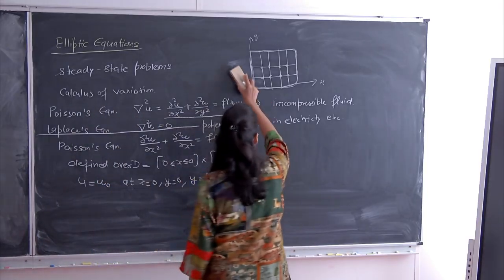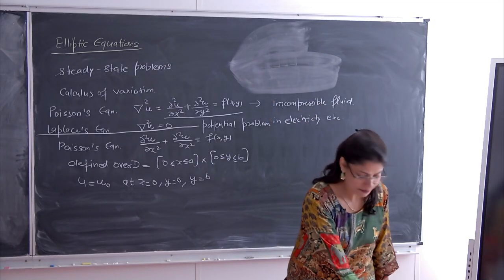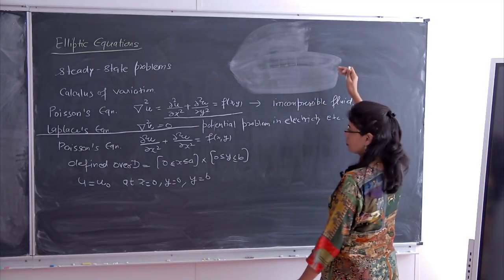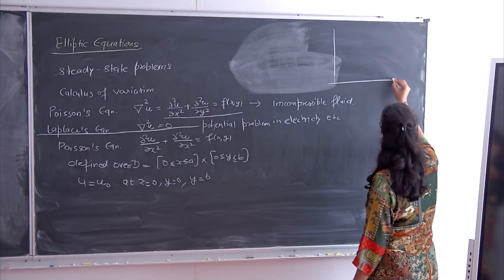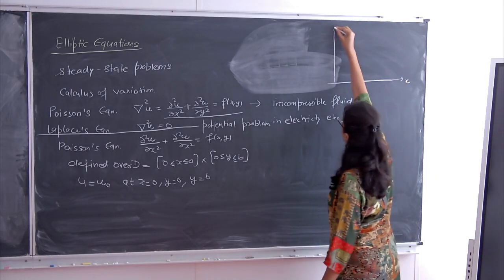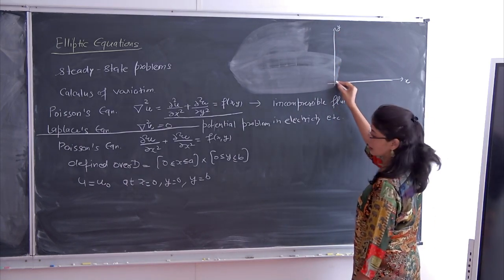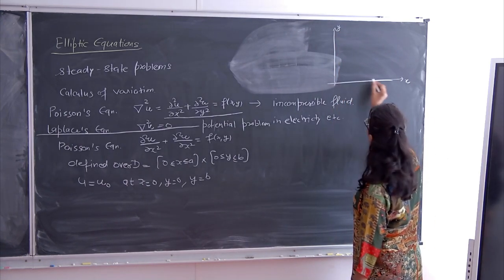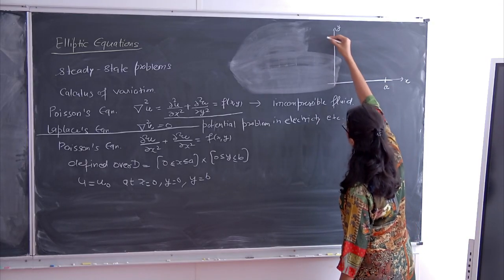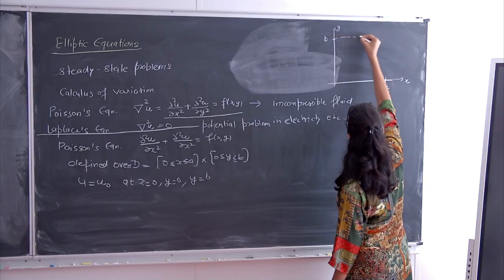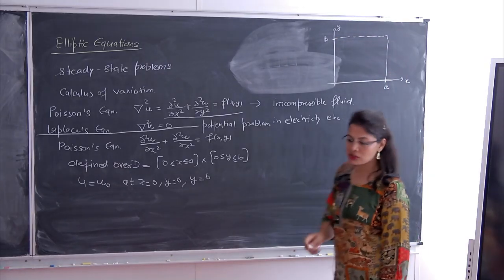Let me draw this problem statement here. Okay. So, we are given x and y. This is your x axis, this is your y axis, and I am taking x from 0 to a. So, suppose this is a, and y is from 0 to b. So, this is b, and this is our domain. So, what is given to us here?